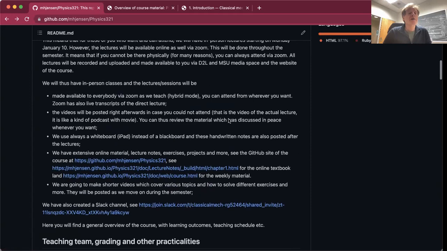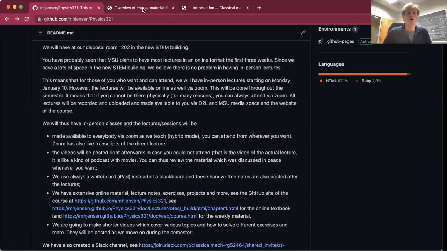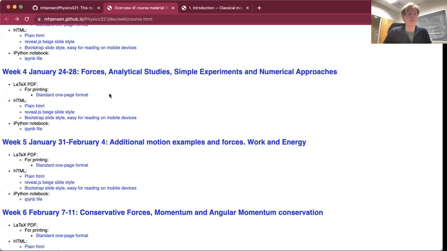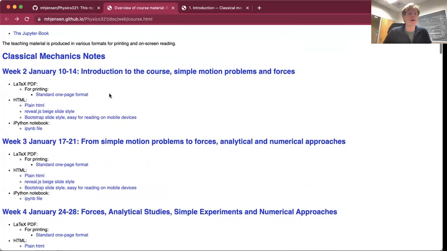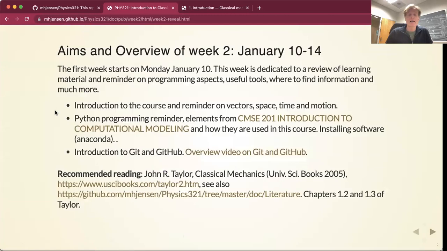And if we now move on to the topic for this specific week, what we can do then is simply to dive into one of these files here. And this week starts, as we've done, with a presentation of where you find the material, useful tools, and we're also going to remind ourselves of many of the topics which you've seen before.